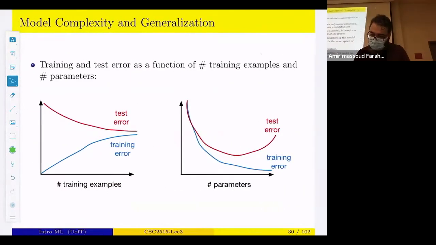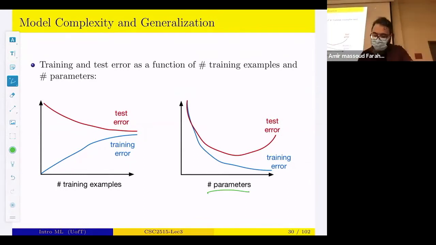Okay, so maybe I just talk about this figure, and then we will have a break soon after. Usually we see some figures like this in machine learning, which basically describe the effect of training data on the error, and also some figures that show the effect of the number of parameters on the error.